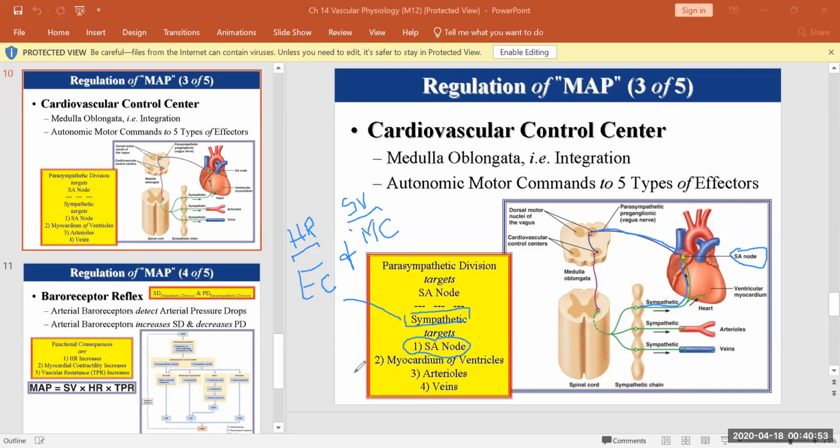Makes the heart rate go higher, induces the heart to beat faster. The parasympathetic will slow down the heart rate, will cause the heart to beat slower. So let's erase them. So that's the sympathetic contribution to the electrical component of the heart.